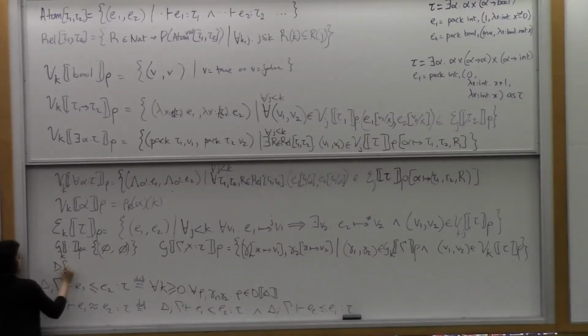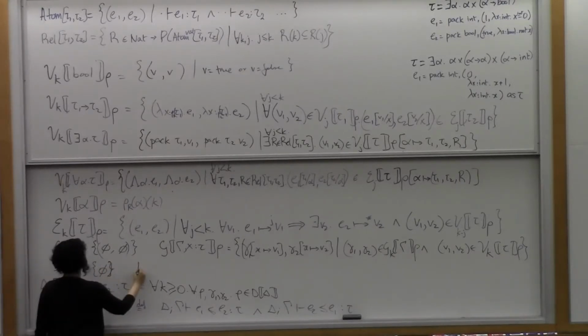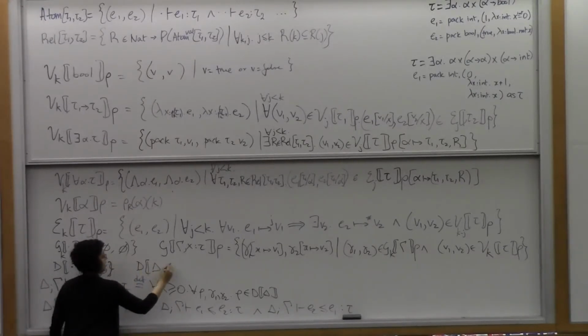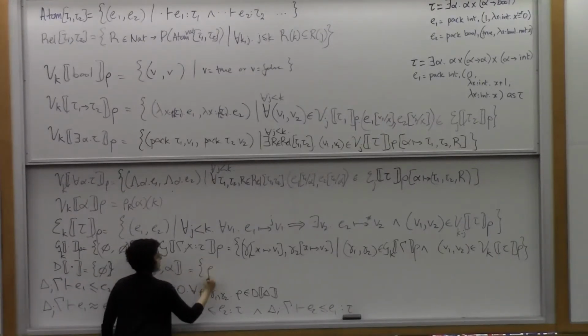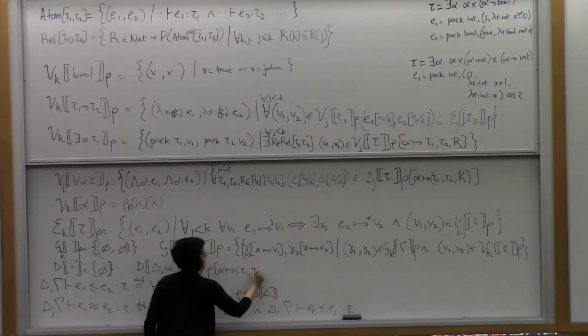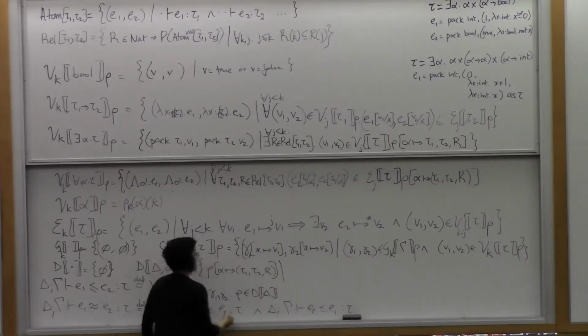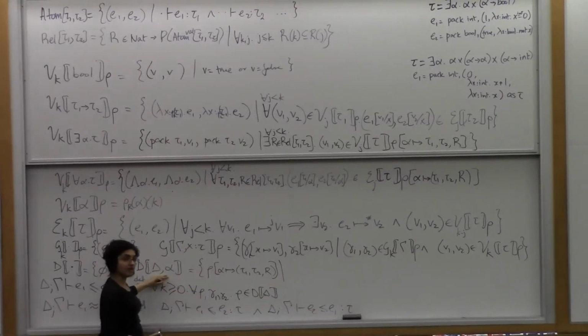We do that this way. If delta is empty, then rho is simply the empty substitution. If we have delta, alpha, then we want a rho that maps alpha to some tau 1, tau 2, and a relation R.